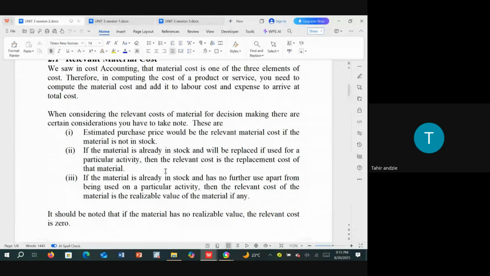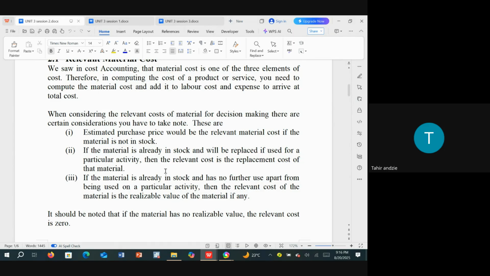Then go ahead, next one. If the material is already in stock and has no further use, look at the condition. If the material is already in stock and it has no further use, apart from being used on a particular activity, then the relevant cost of that material is the realizable value of the material, if any.